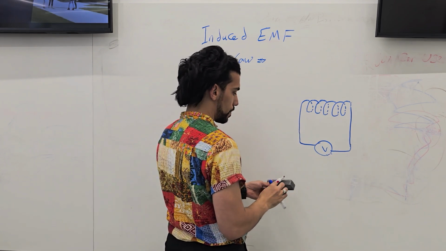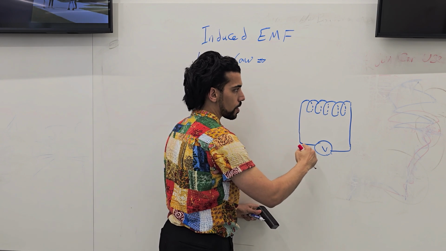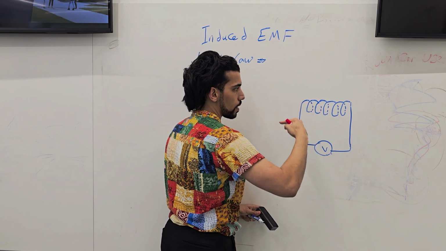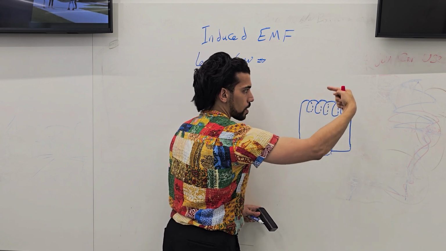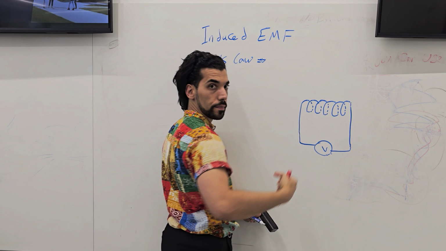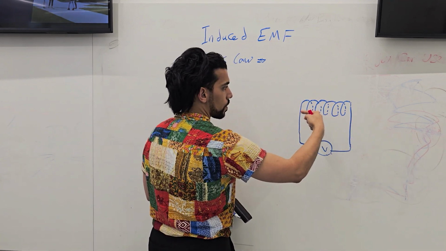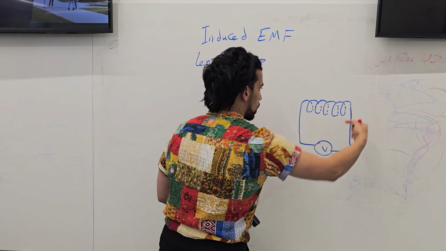So we can see the coil itself, just to see how it rotates here. Basically it was N, then goes inside, outside, inside, outside, inside, outside. Okay? I hope you see how it is moving. From here, it's out, inside, out, inside, out, inside.